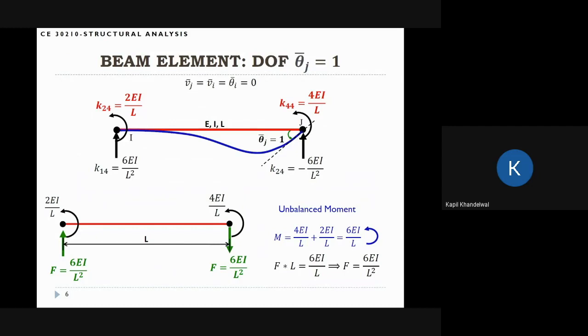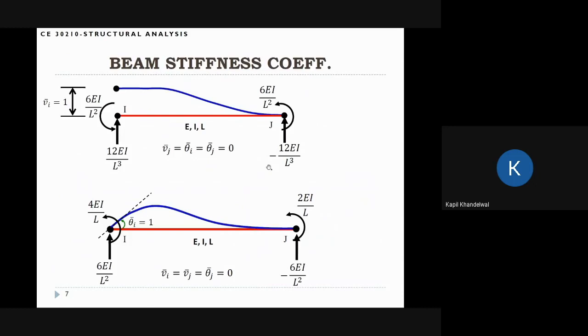So let me summarize. What we need to remember is what's happening to individual degrees of freedom. So when we take a degree of freedom and move it by 1 unit, what are the forces in that configuration? So when we move Vi by 1 unit, all the other degrees of freedom are 0. These are the 4 numbers here. Okay, so this is the first. These 4 numbers constitute the first column, and the second case is when theta I is 1, all the other degrees of freedom are 0.